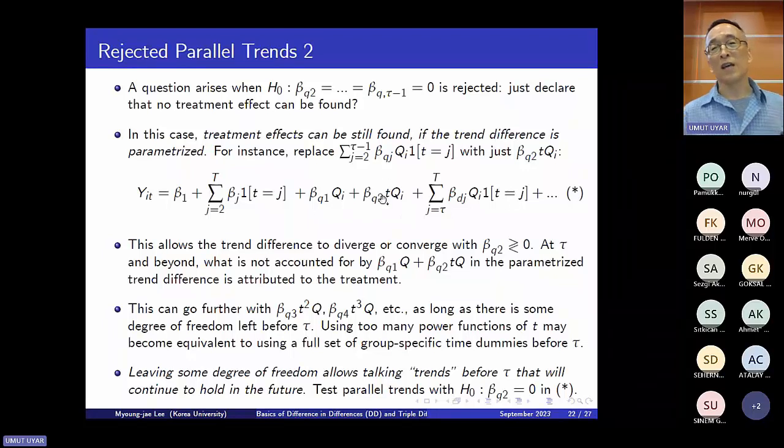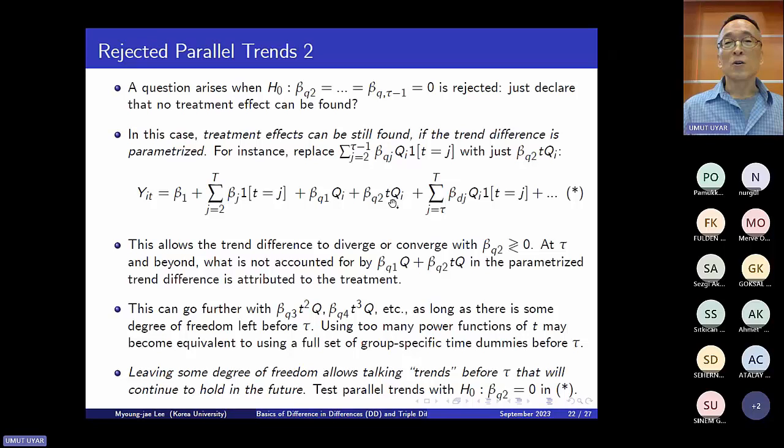And with this extra term, I allow the control group and treatment group trend difference to be a linear function of time. So if this is positive, the trend difference can diverge. And if this is negative, your trend difference can converge.